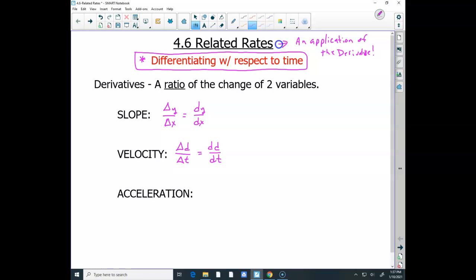A lot of people made a mistake on a test a while ago when you were finding the average rate of change of velocity. You find change in distance divided by time, because that's where you get your feet per second or inches per second.